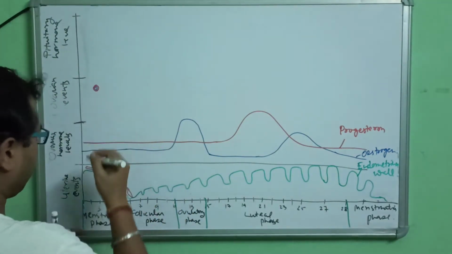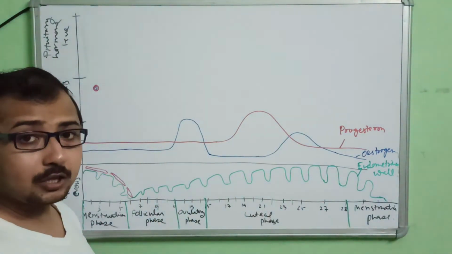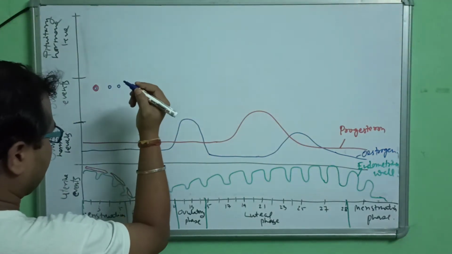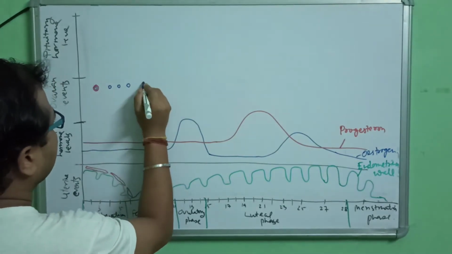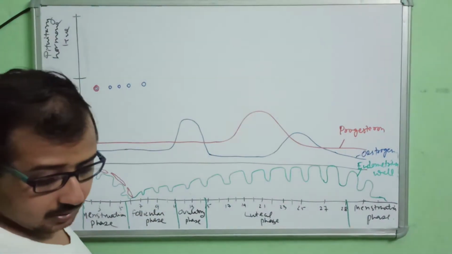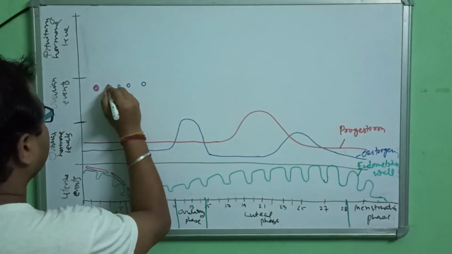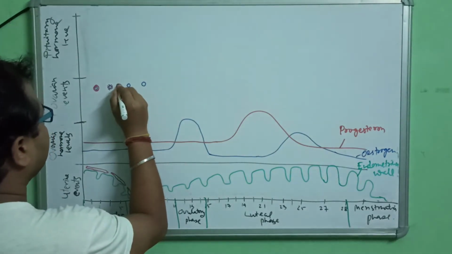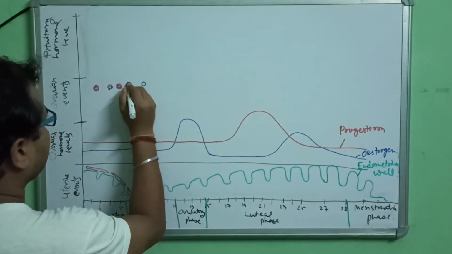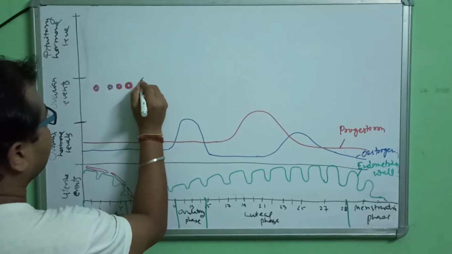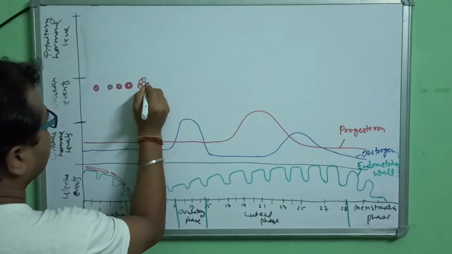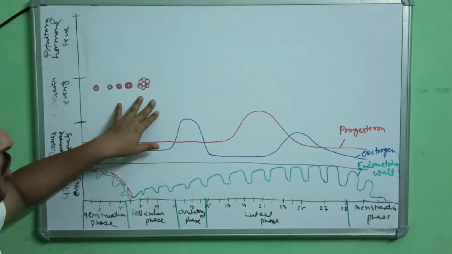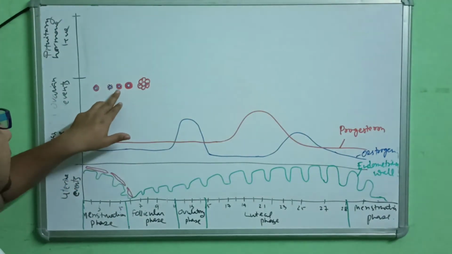So let's draw it from here only, because during the follicular phase I have to show all four stages. So the primary follicle develops, the secondary follicle develops, the tertiary follicle develops, and then the Graafian follicle develops here. So this is the primary follicle, around it this is the secondary follicle here, this is the tertiary follicle here. Okay, and now we see here the Graafian follicle. So four stages, it should not be confusing here. Primary follicle, secondary follicle.